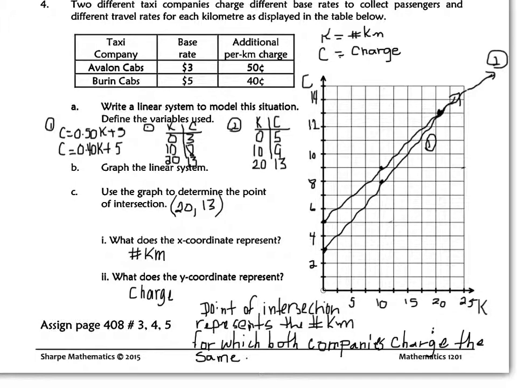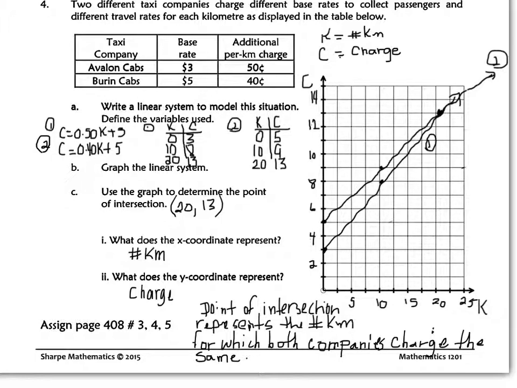I forgot to label the equation over there. So Bjorn Cabs would actually be cheaper if you're going more than 20 kilometers, because the first line is the lower one up till 20, and then it's the second line that becomes lower.